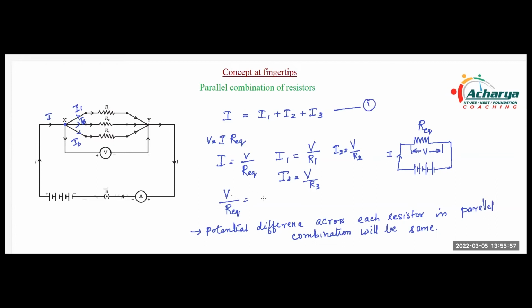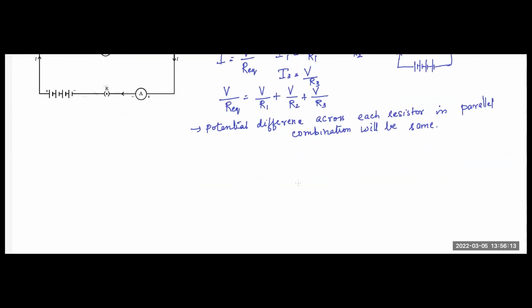So V by R equivalent is equal to V by R1 plus V by R2 plus V by R3.